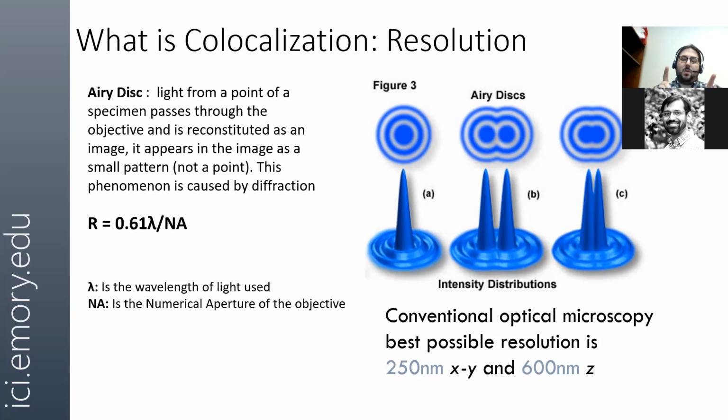If two labeled components are close enough together that they can be imaged in one wavelength and in another, you would get those pixels bleeding into each other, and you would say that something is colocalized.